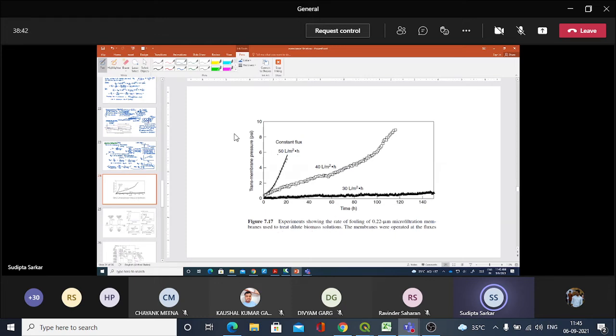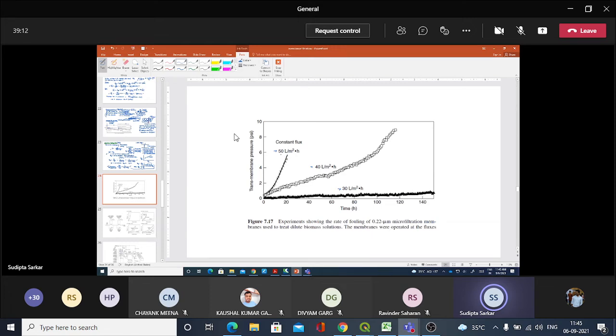You can see that these membranes are used at different flux levels, and this is the transmembrane pressure that we are calculating. When it reaches a particular value, we stop the membrane run and regenerate the membrane.